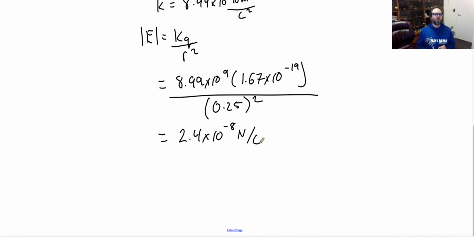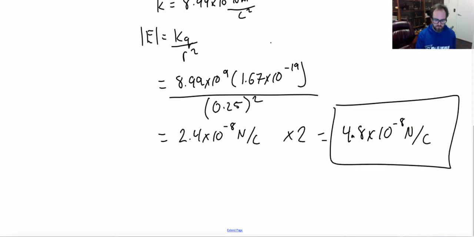Now, I know that the electron and the proton have the exact same charge, and they're going in the exact same direction in this case, and the distance between them is the same. The field strength applied in that position from both of them is going to be identical, so all I have to do now is double my field strength to get 4.8 times 10 to the negative 8 newtons per coulomb.